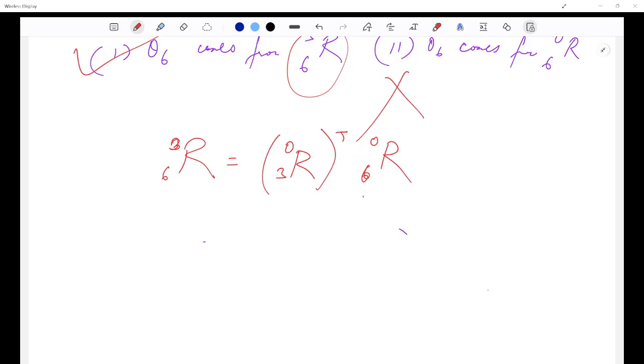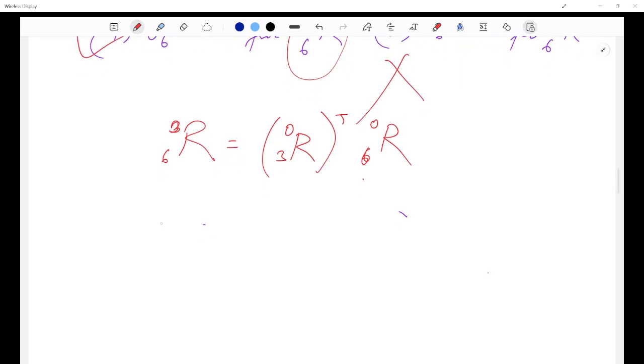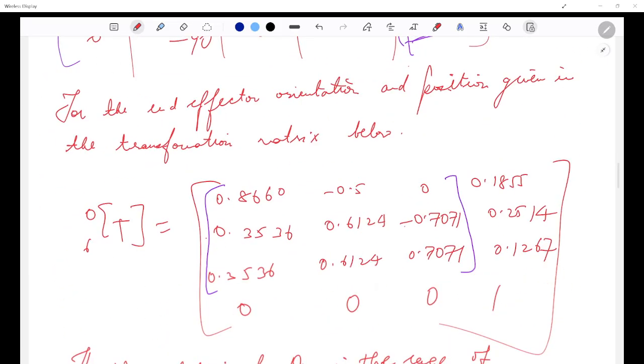So after that, from this DH parameter we need to take in the values.